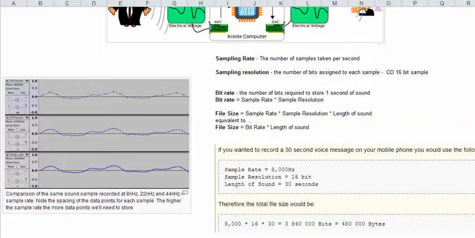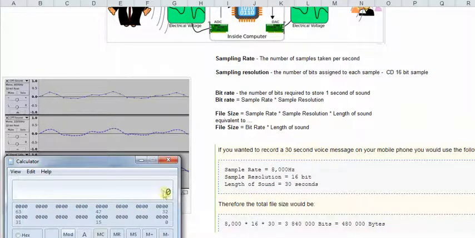Let's do this calculation. So we have 8000 times 16. And this gives us the bit rate. The sample rate times sample resolution gives us the bit rate. This is the sample rate and the sample resolution. So now we have the bit rate.